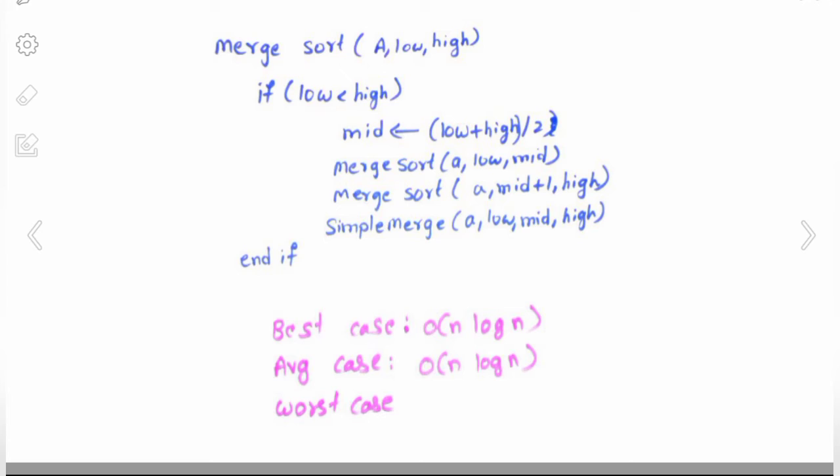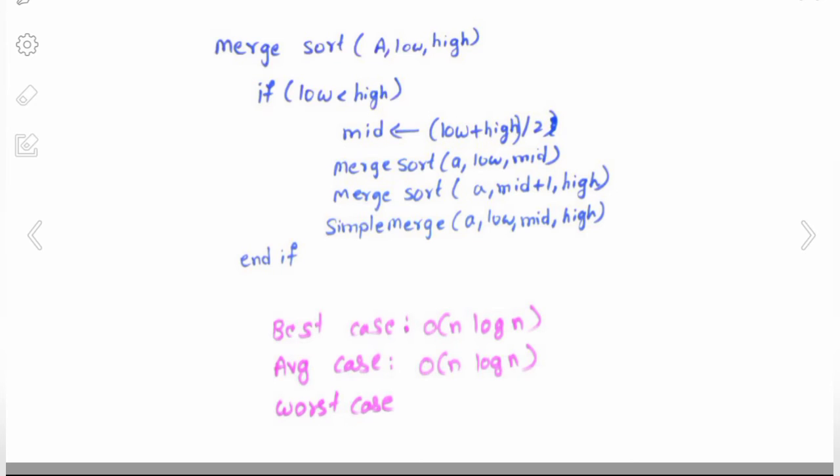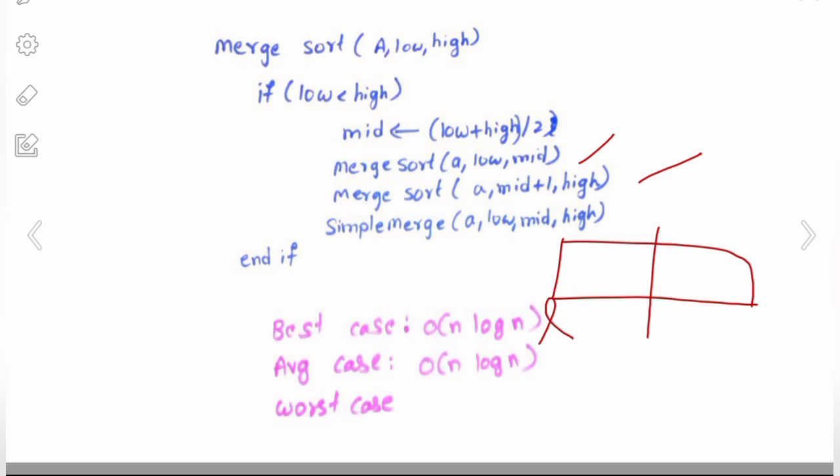So this is the algorithm of merge sort. A comma low comma high. If low is less than high, then perform this operation, that is, divide the array into two parts. Middle equals low plus high by 2. We recursively apply this formula on the array of elements. So merge sort of A comma low comma mid is the first sub array, the array with low and middle.